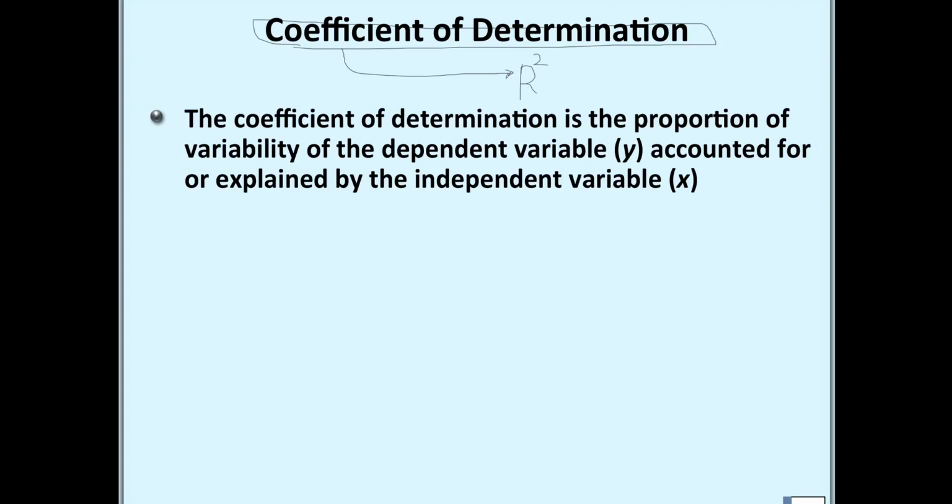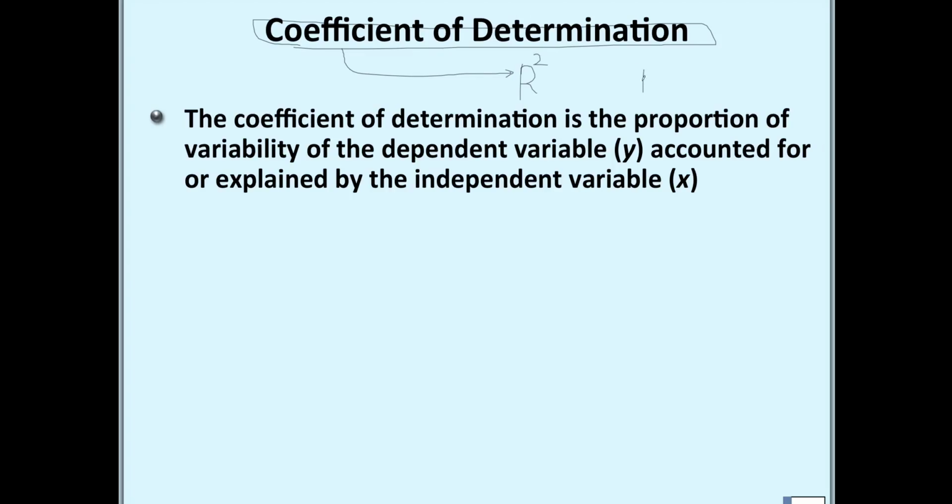The coefficient of determination, or R squared, measures how much variability of your data is captured by your model. Again, how much variability of your dependent variable was captured by your linear model.